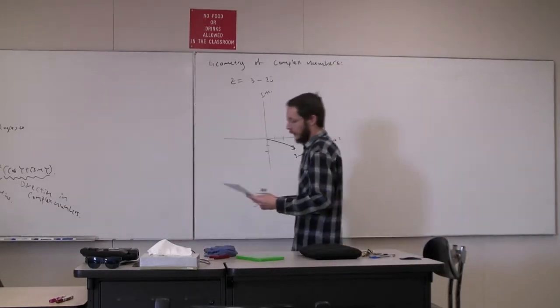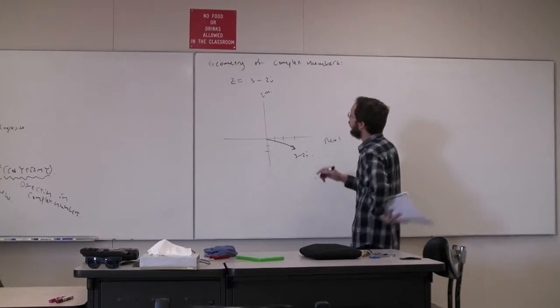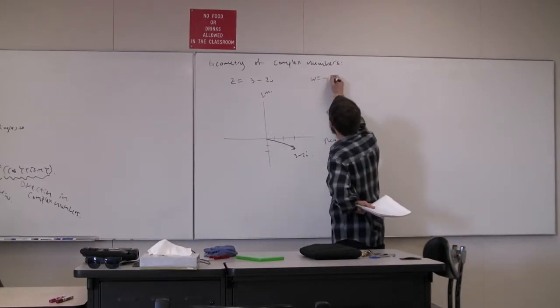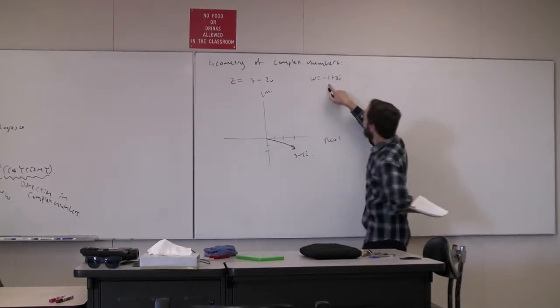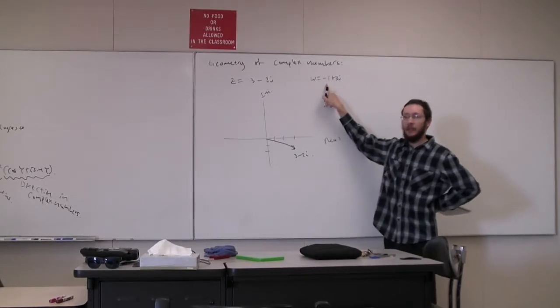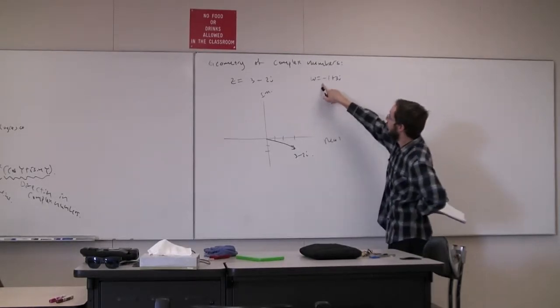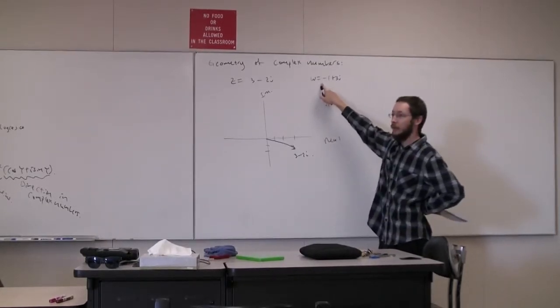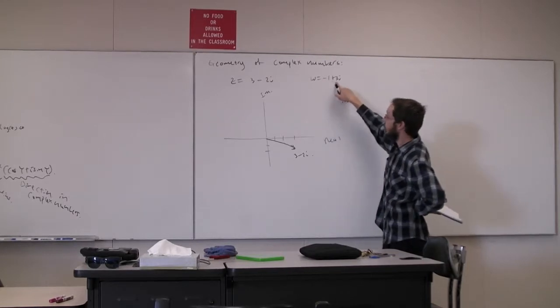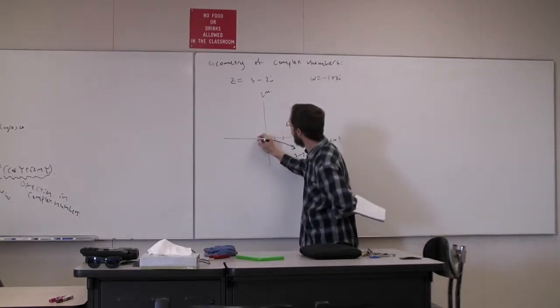Same idea if you had something like minus 1 plus 3i. It's basically just plotting x and y coordinates, right? So -1 says we're going to go -1 in the x direction. 3i says we're going to go 3 in the i direction.